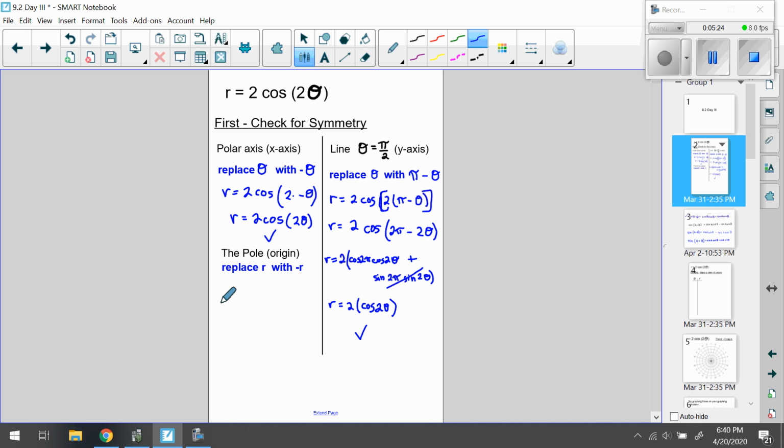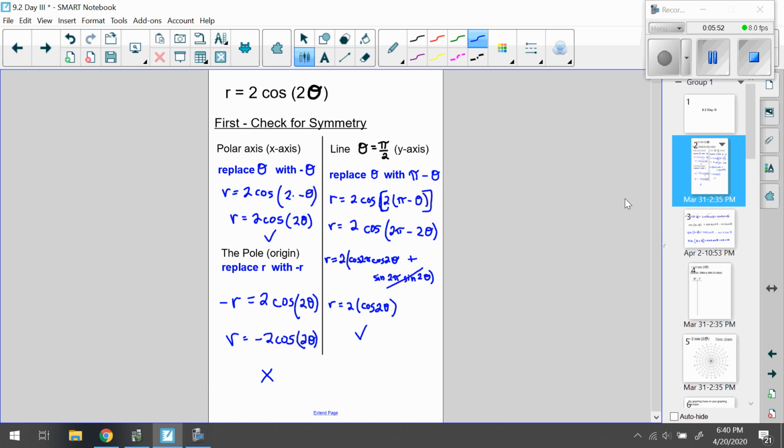You just replace r with negative r. So if I do that, you'll see pretty quickly that this does not change back to the original. You end up just moving the negative over to the other side, and that is clearly different than what we started with. So this one is not symmetric over the origin. We will see one later on that is. We'll talk about how to deal with that.